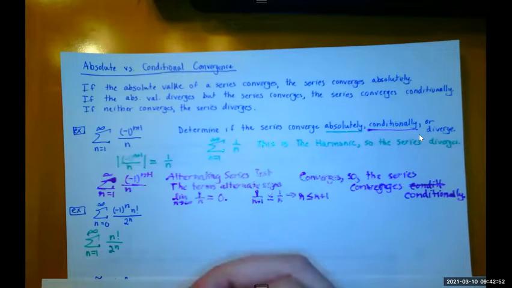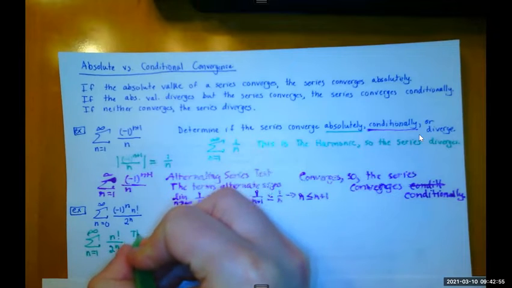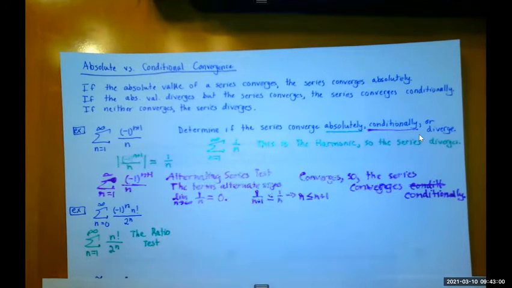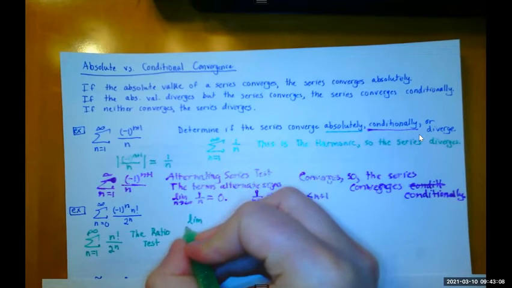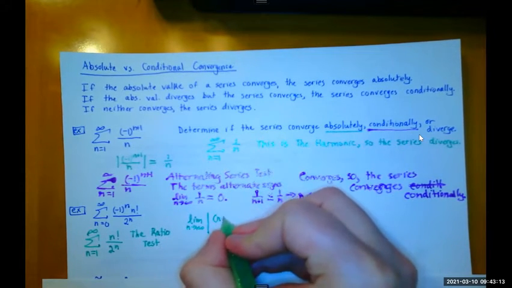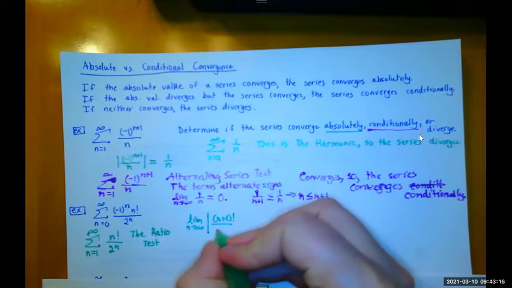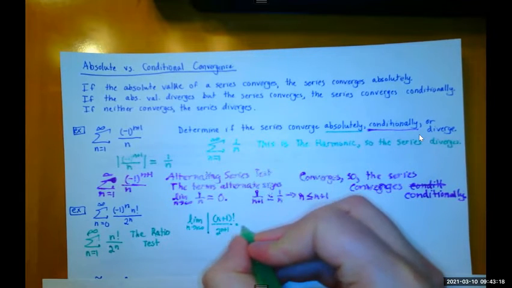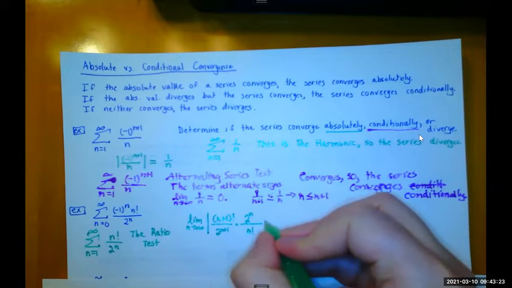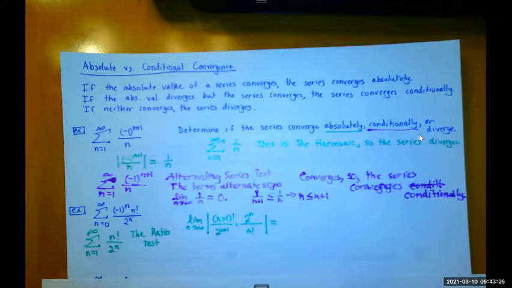Spent all that time considering, and you decided to do the ratio test. Why did you decide to do the ratio test? I don't know. I can tell you why I decided to do the ratio test. I thought the ratio test made the most sense here because I have a mixture of operations. So the ratio test is the limit as n approaches infinity of the n plus 1th term, which would be n plus 1 factorial divided by 2 to the power of n plus 1, divided by the nth term, which means I multiply by the reciprocal.